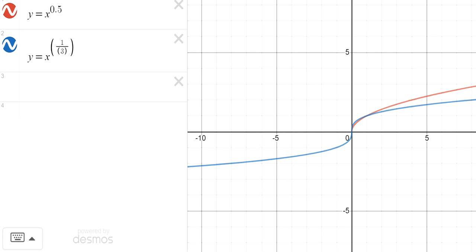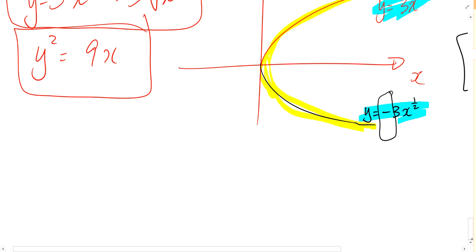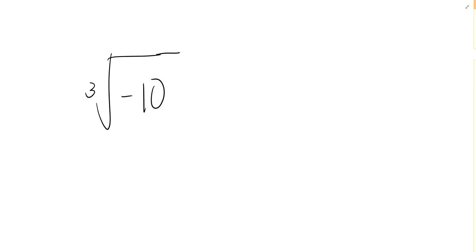April just mentioned something about even roots. Let me rephrase. Let's put this as negative 10. Is a cube root possible or not?